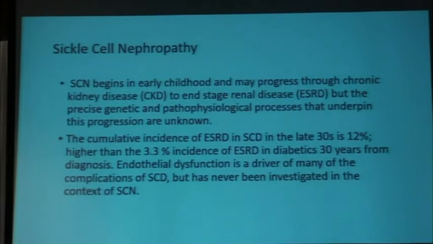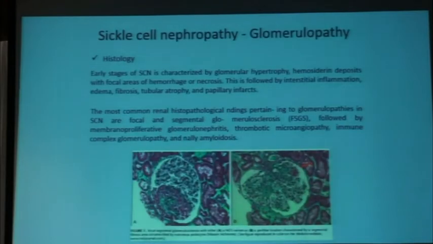But if you compare it with a patient who has had diabetes for 30 years, the prevalence is 3.3%, whereas the person who has sickle cell disease at that time is about 13%. So sickle nephropathy is much more at risk compared to patients who have diabetes.